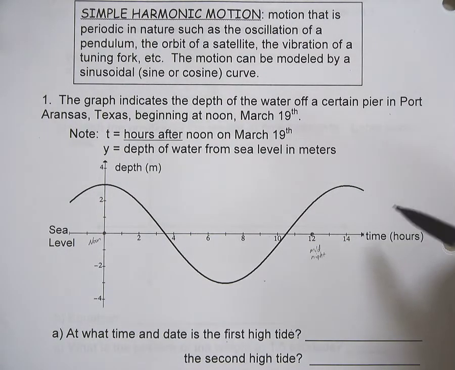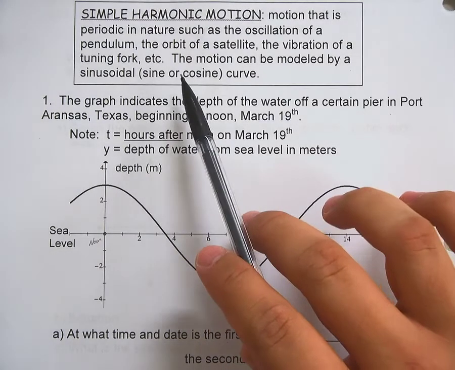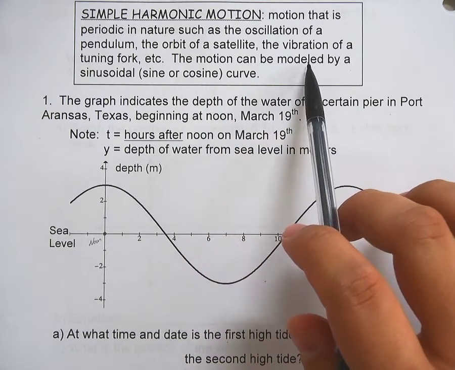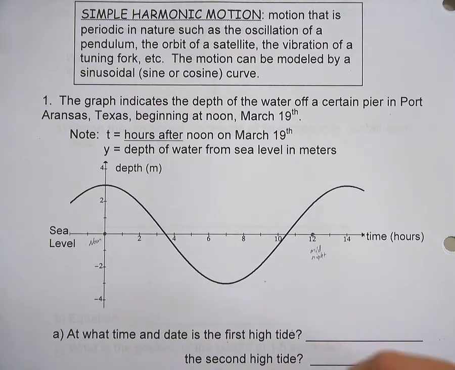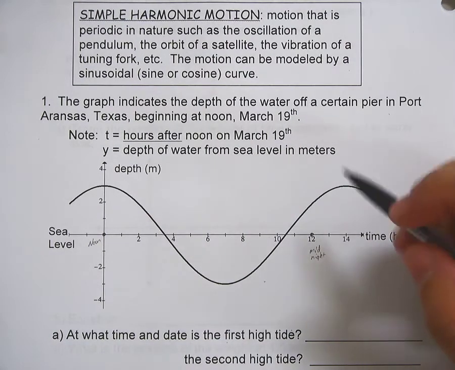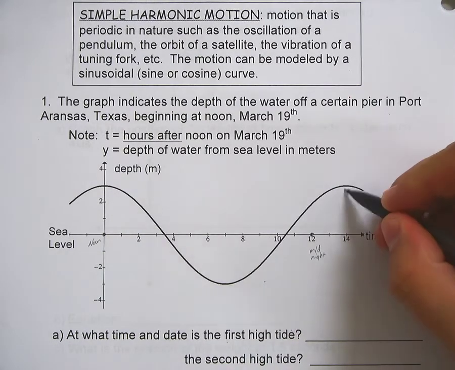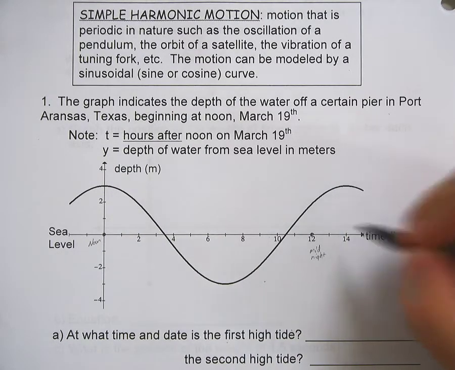First, when I look at this graph, obviously it's sinusoidal. Simple harmonic motion. The last sentence up in the box says that it's motion that can be modeled by a sinusoidal curve, either sine or cosine. So I've got a couple of things I can label here. I've got an amplitude, it looks like 3 meters.